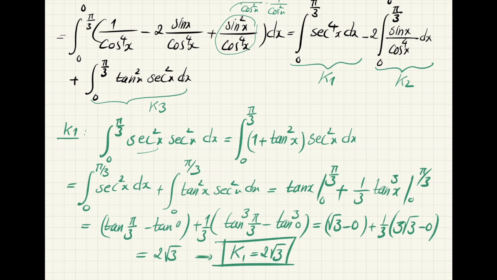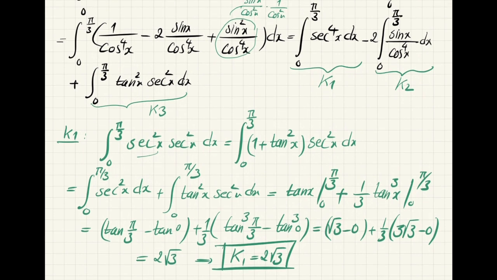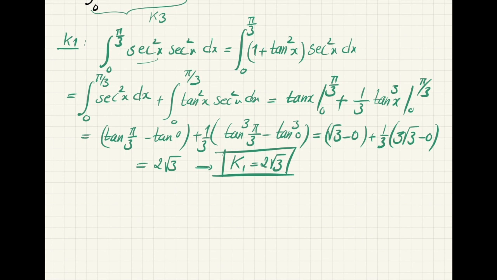Now let us go to calculating k2. Let me copy this here to put it in front of our eyes, paste it here. So this is what we call k2, and we are supposed to calculate k2. Here, for example, I can take cosine x to be t, then minus sine x dx becomes dt.